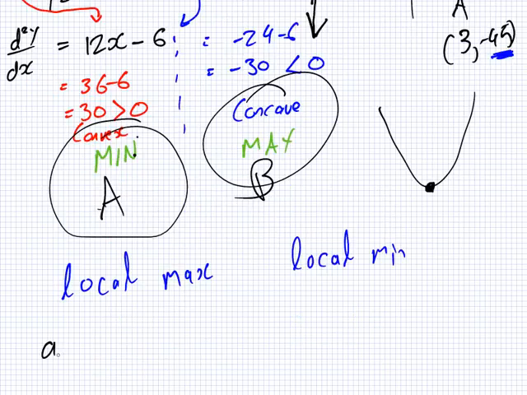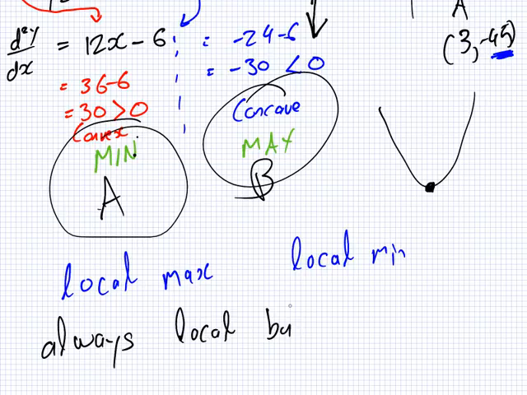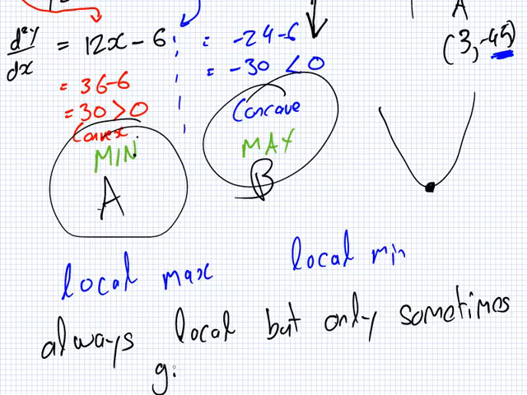All of these are always local, but only sometimes global. So for example, the quadratic is an example where it's local and also global. Whereas the cubic, it's usually just local, because the tails go up and down.